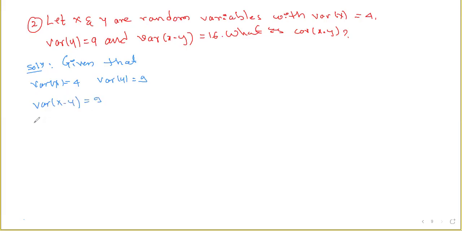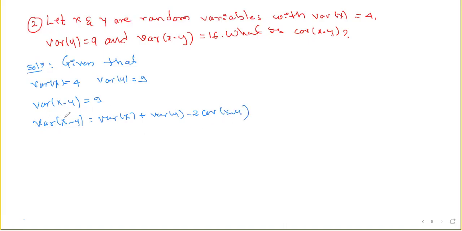So write down the formula: variance of x minus y equals variance of x plus variance of y minus 2 times AB, where AB here is 1 times minus 1, so it is minus 2 only. Minus 2 times covariance between x comma y.